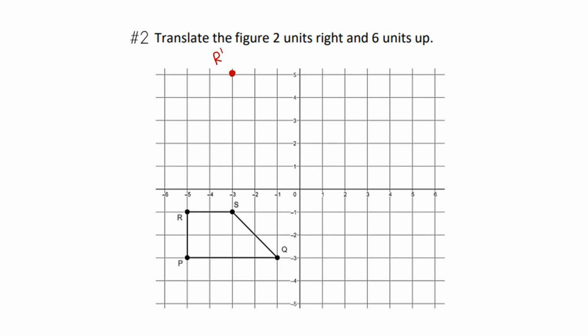Point P, if we count 2 right, 1, 2, and then we count 6 up, 1, 2, 3, 4, 5, 6, we would label our point P prime.